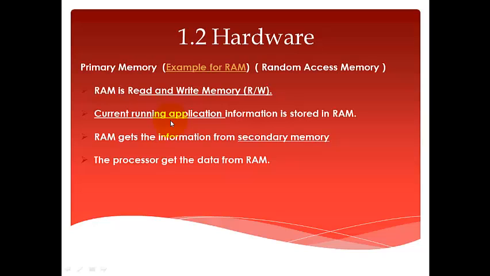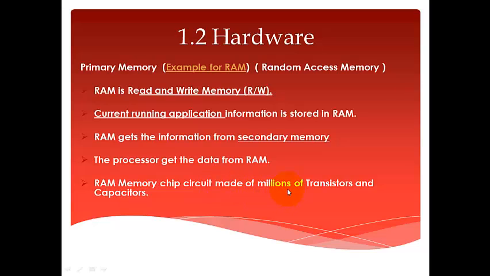Whenever the processor requires data, RAM will randomly access the data and track all the information, and the tracked information will be provided to the CPU whenever the CPU needs the data. Once the task has been completed by the CPU, the current data will be erased from the RAM. So the RAM chip circuit is made up of millions of transistors and capacitors.